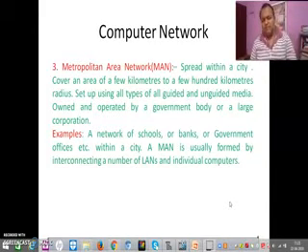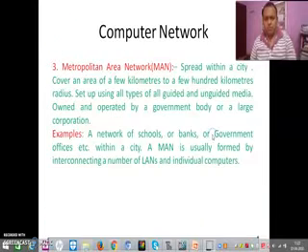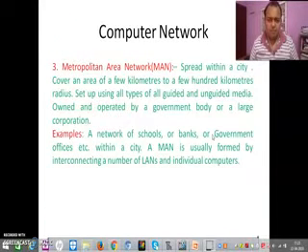Now let us look at the advantages and disadvantages of metropolitan area network. Okay, we were discussing the metropolitan area network, spread within a few kilometers to 100 kilometers. Friends, MAN is used to connect within a city if the city is big, and to connect different cities if they are within the 100 kilometer range. It is operated by a government body or a large corporation.